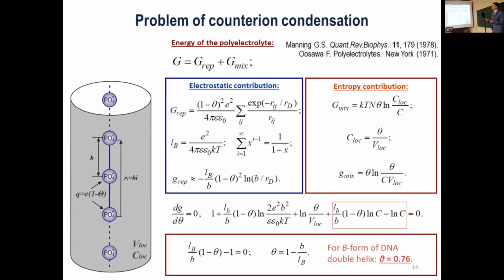So it means that for 100 phosphate groups, we have 64 ions which neutralize them. This model is very simple, but it helps us to understand the physics of how these ions are organized around DNA, and in more detail you can find it in the presentation on Saturday by our colleague Bogdan.